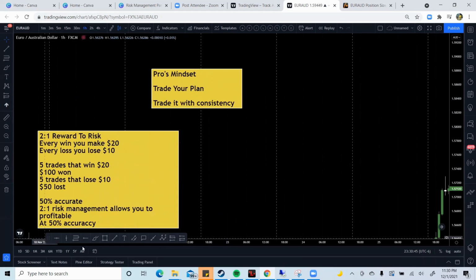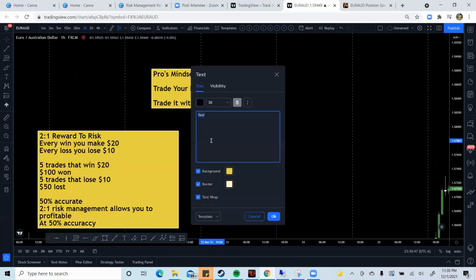Like if we go just to be a slight example, let's go and make one more box. Say your account size is $500. You just did the 5 trades that won $20 and the 5 trades that lost $10.